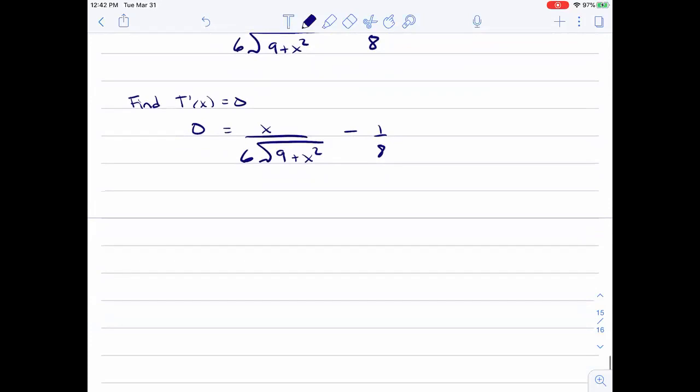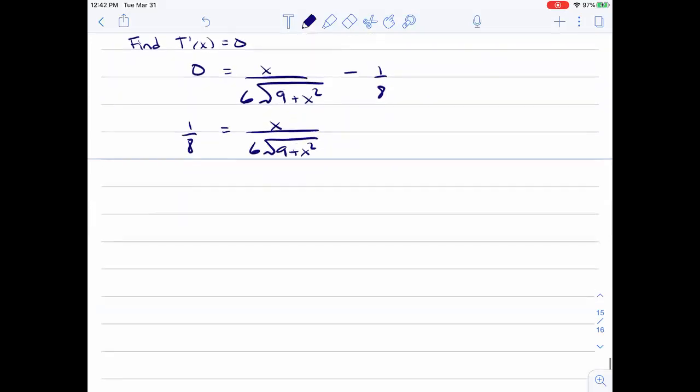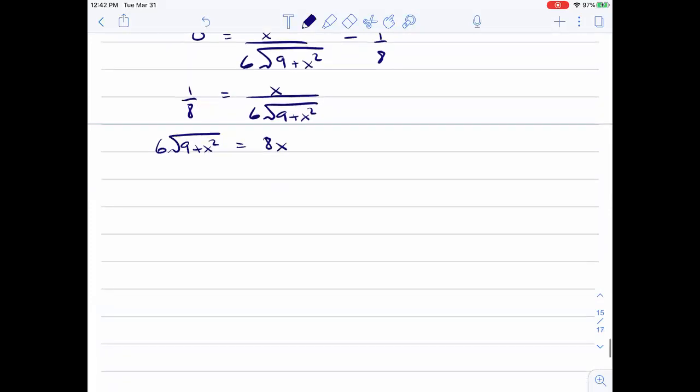Solving for x, I can bring this negative 1 over 8 over to the left-hand side, so I get 1 over 8 is x over 6 root 9 plus x squared. And now it's just a matter of algebra, right? I can bring 6 times the root of 9 plus x squared over to the left-hand side, bring the 8 over to the right-hand side, and so I get 6 root 9 plus x squared is 8x.